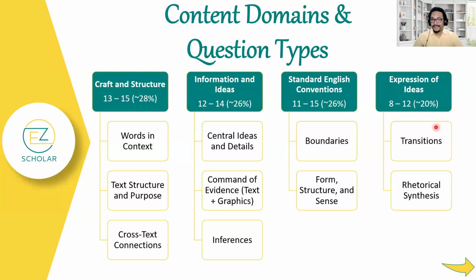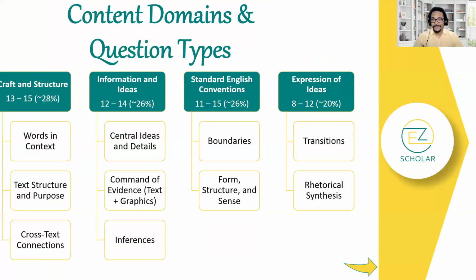And here the questions are transitions and rhetorical synthesis. Transitions, obviously, will again look at connecting sentences with the most appropriate words and phrases between them. For rhetorical synthesis, you look at some student notes and then help the student accomplish a goal that they've set out. So these are all the content domains and question types on the English section.